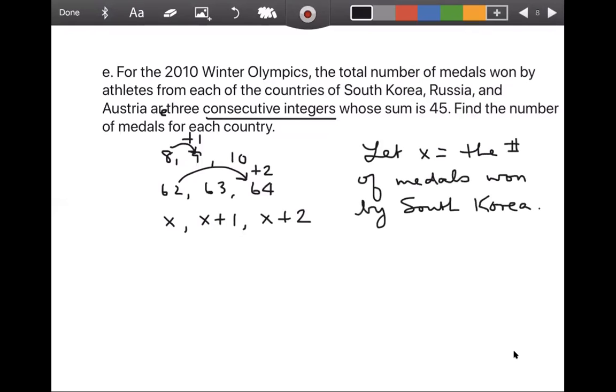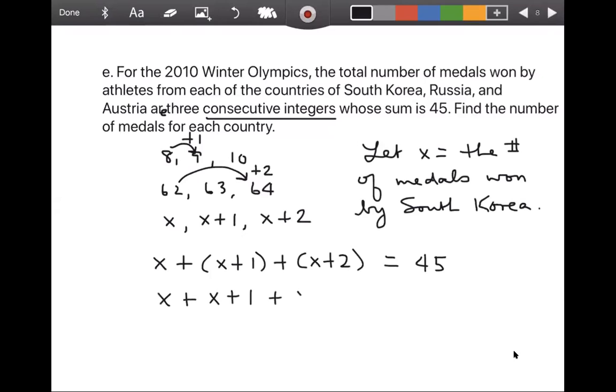Okay, and our equation is x plus 1 plus x plus 2. Those 3 numbers should add up to 45. Again, I don't need the parentheses. Combining like terms, I get x plus x is 3x. 1 plus 2 is 3.